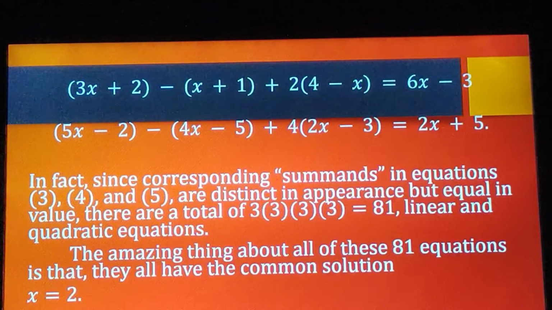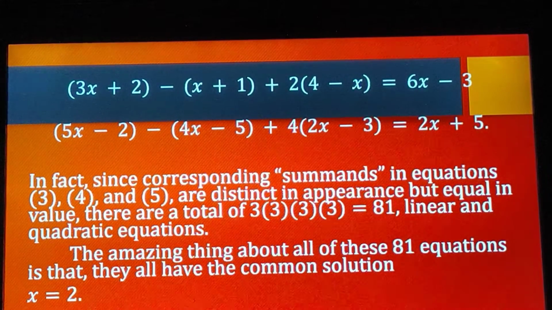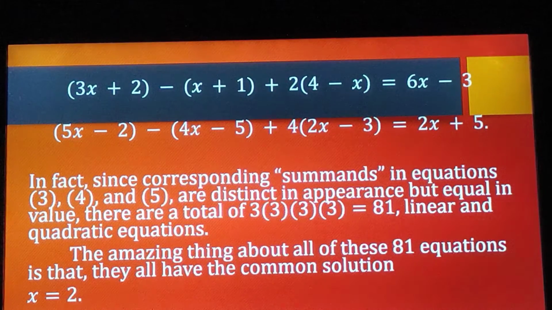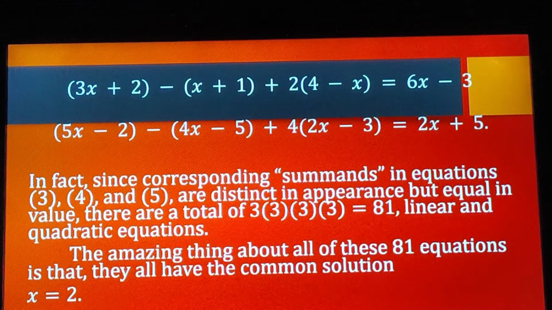In fact, as mentioned earlier, since corresponding summands or expressions in equations 3, 4, and 5 are distinct in appearance but equal in value, there are a total of 3 times 3 times 3 times 3 equals 81 linear and quadratic equations.